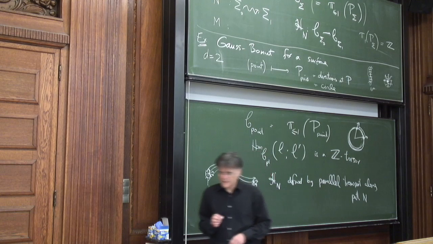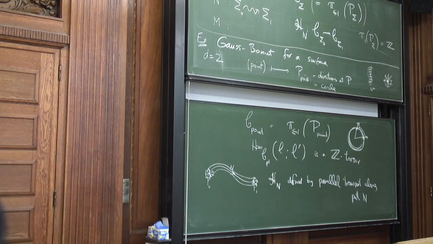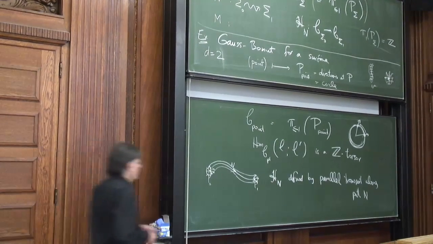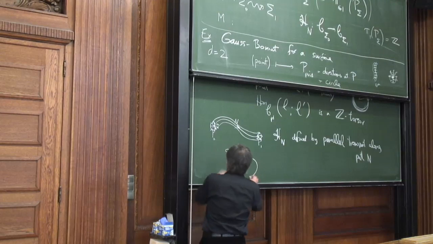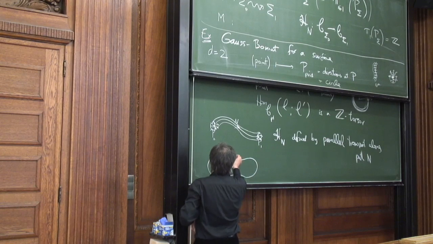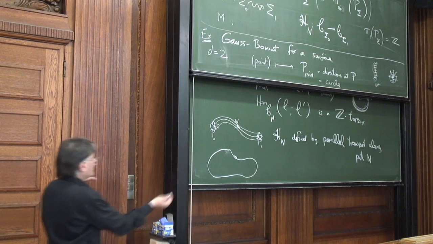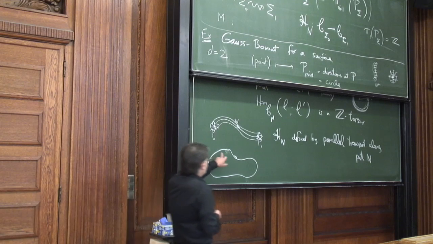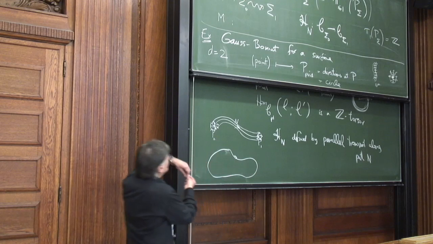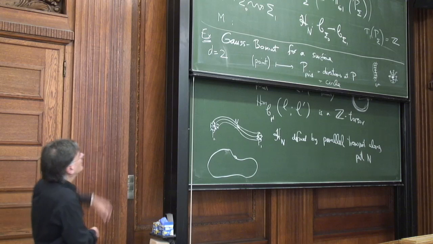So, in particular, what will happen if we take a closed path? We can firstly have a closed path like this. What will we get then? Well, we should get a Z-torsor, right?